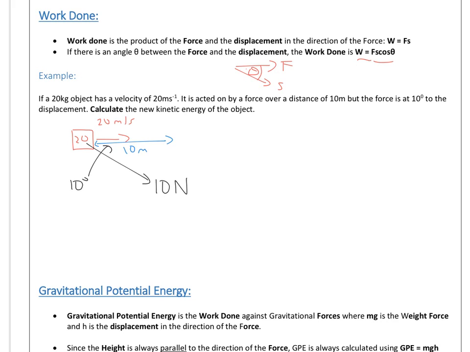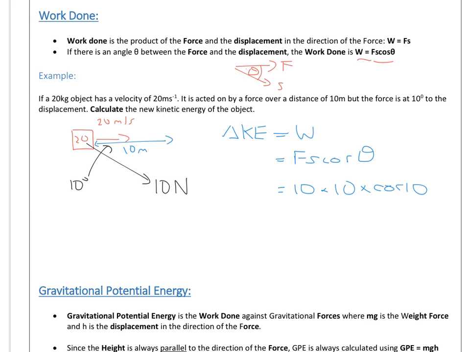So the first thing is to calculate the change in the kinetic energy, which is going to be equal to the work done, because any work you put in is going to increase the kinetic energy. We know that work done is F s cosine theta, so it's going to be 10 times 10 times cosine of 10. Make sure your calculator is in degrees for this.